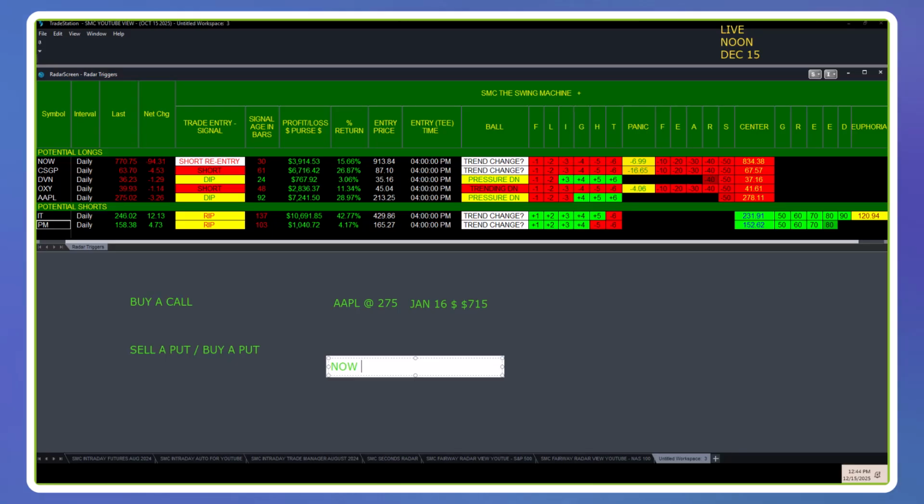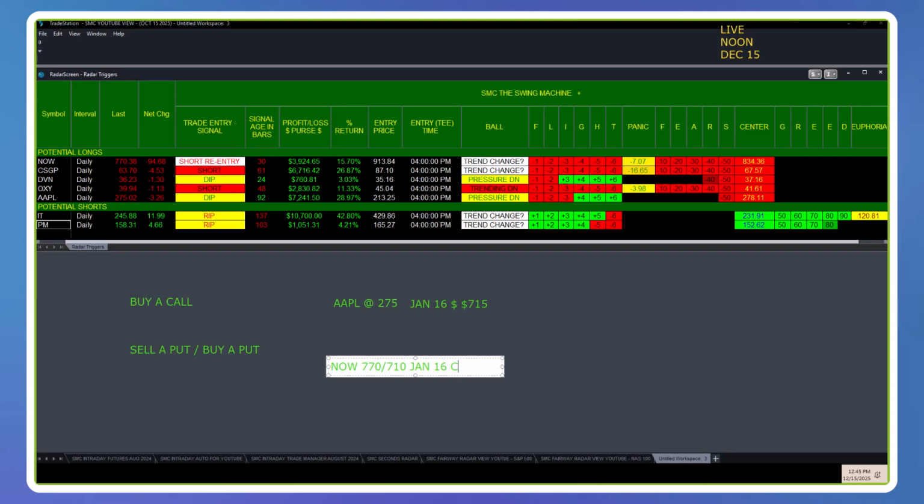But I'm going to come in here and we're going to sell, what did I just say? A 770. She's trading at 770. So we're going to do a 770. And then we're going to get a 710. This is a put spread for January 16.